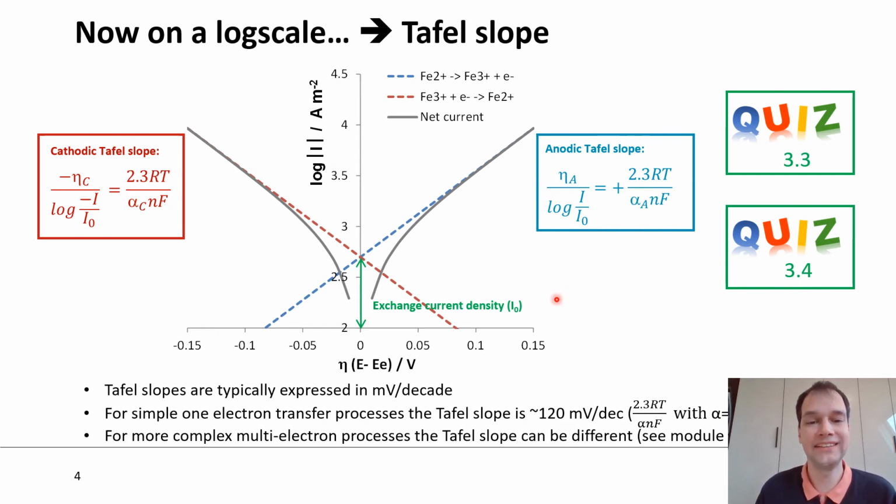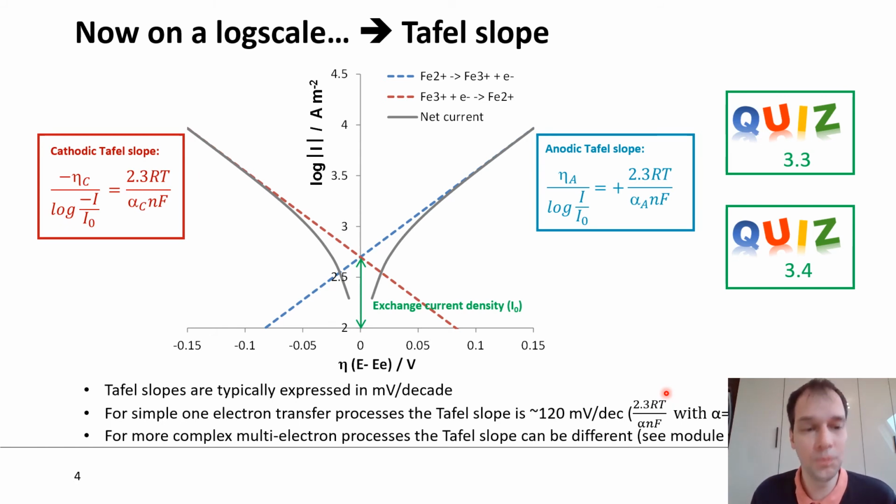For basically what I've shown here, all applies to a simple one-electron transfer process. And then you can actually, for an alpha of 0.5, which is a typical value as mentioned before, calculate that the Tafel slope is about 120 millivolts per decade at room temperature, because you can just fill in this equation, which is not very difficult.